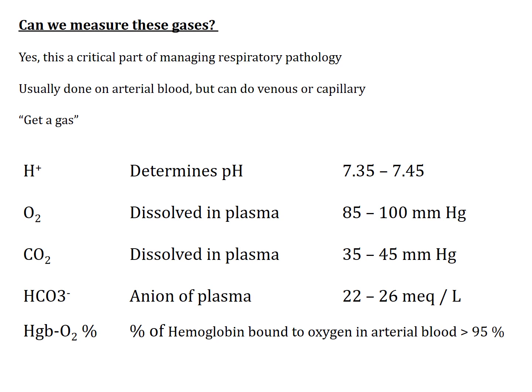It falls, right? pH falls because the hydrogen ion concentration is increasing. We call that a respiratory acidosis. So there are the normal values for pH, O2, CO2, bicarb, and saturation. If our CO2 levels rise, our pH falls, and we refer to that as respiratory acidosis.